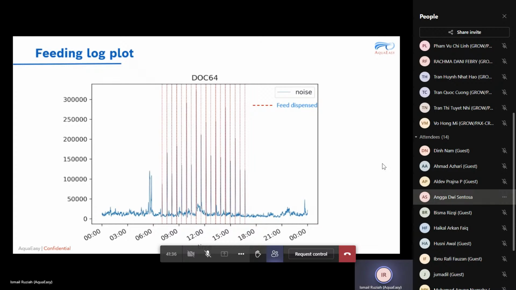The last thing I want to talk about is the gateway configuration. This is just some basic information about how to make basic changes to the auto feeder, iFeeder, sorry. To access it, you log into the website, app.aquaeasy.live, and go to the gateway configuration tab.